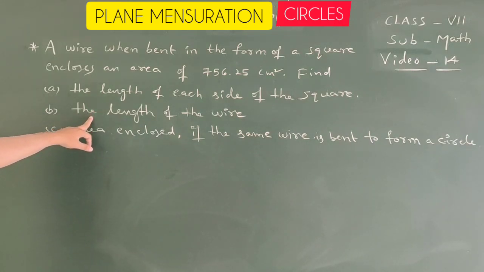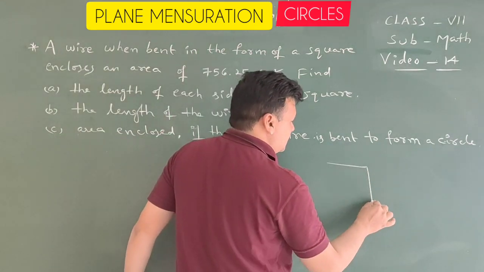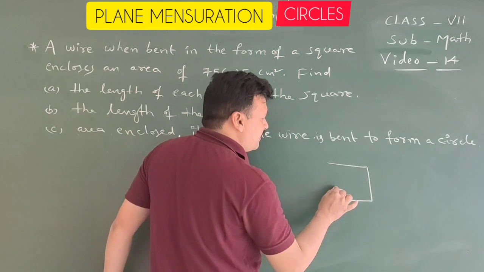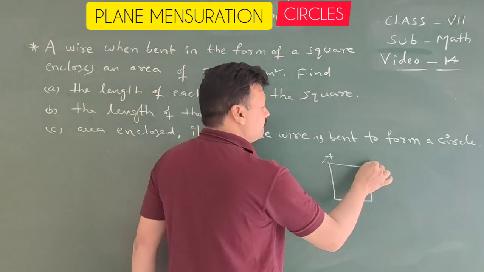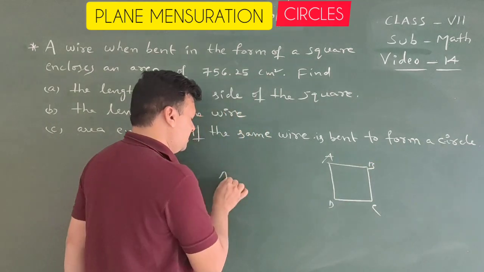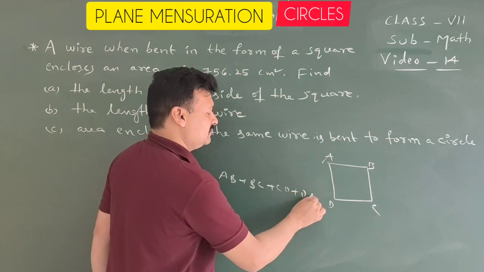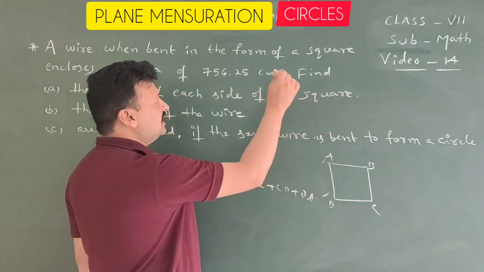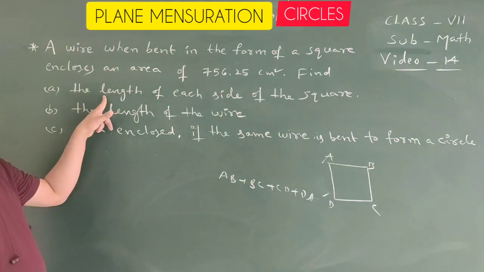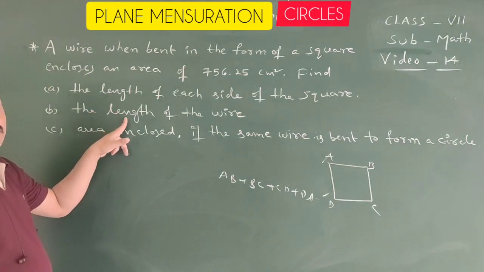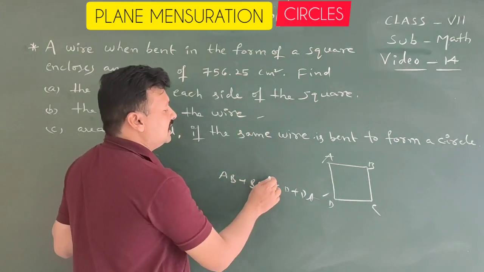Length of the wire means, for example, the wire is bent in the form of a square. You want the total length, that is AB plus BC plus CD plus DA. That's nothing but the perimeter. If you know the area, we can find each side, so we can find its perimeter. Once you find the perimeter, we get the length of the wire.